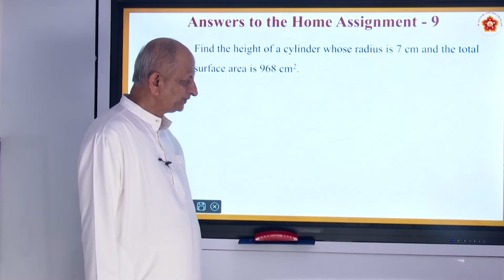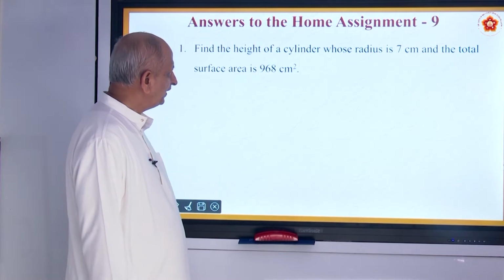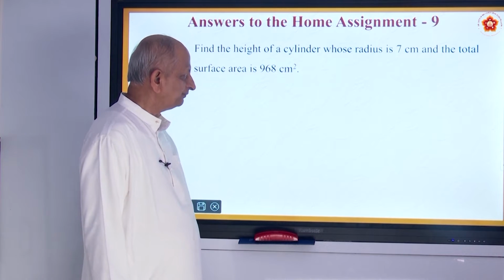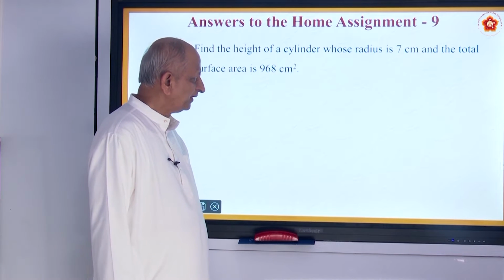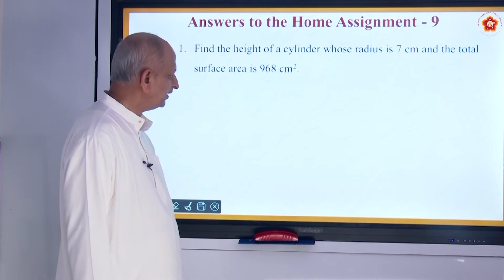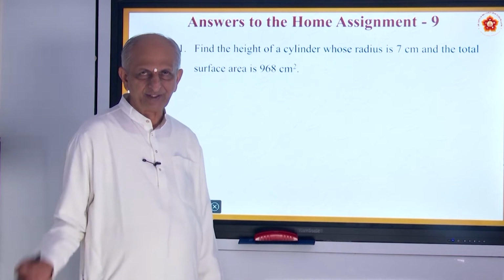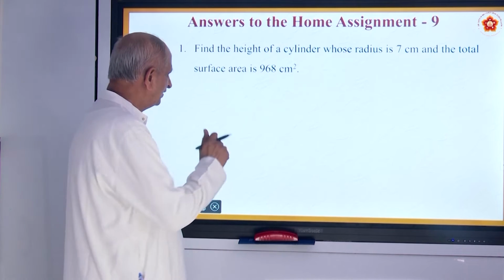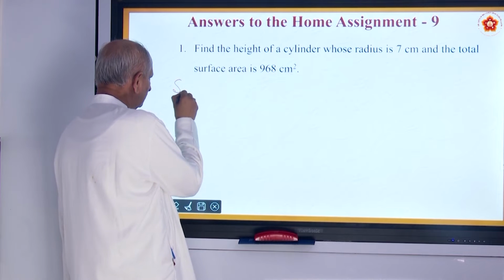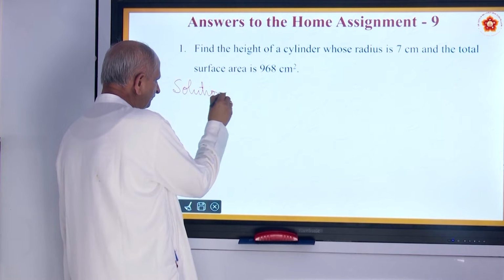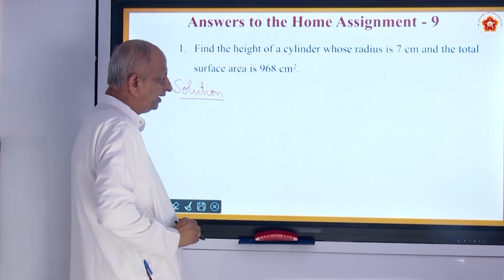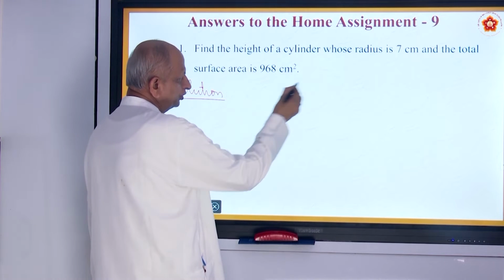Now, coming to the home assignment: find the height of a cylinder whose radius is 7 centimeters and the total surface area is 968 square centimeters. So, for that we want to know the formula. What is the formula for the volume? No, surface area.